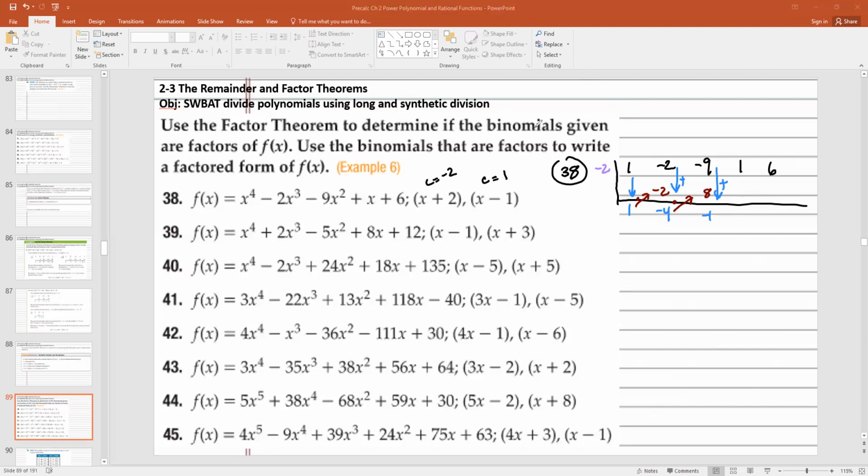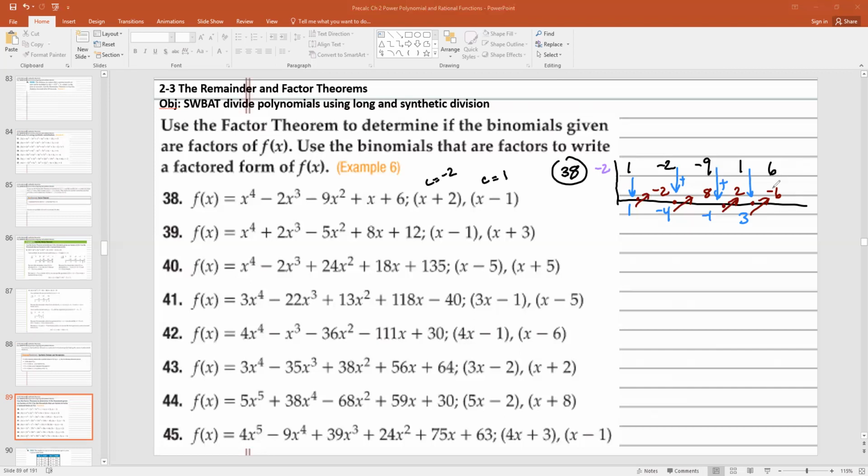Multiply. Just a bunch of multiplying and adding. Negative 1 times negative 2 is positive 2. And then 1 plus 2 is 3. 3 times negative 2 is negative 6.